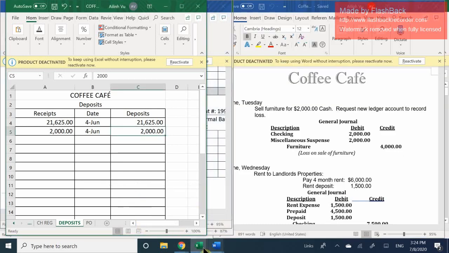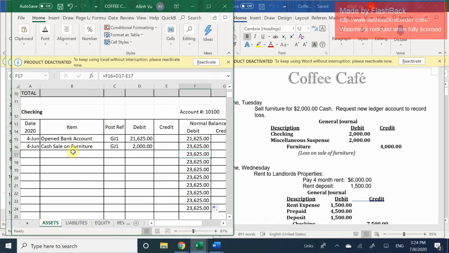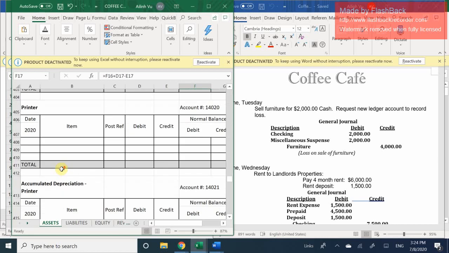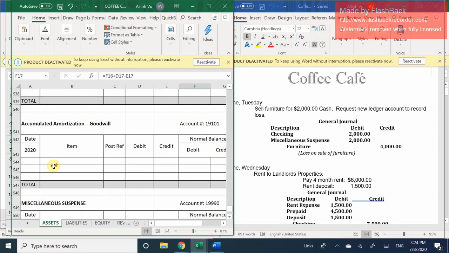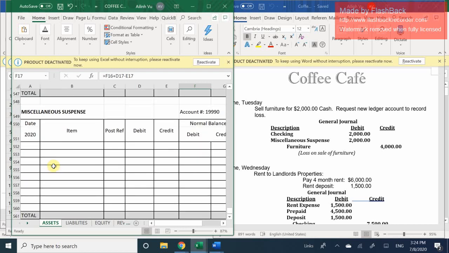So I'm going to go back to my ledger account here, and scroll all the way down since this is my Excel sheet. Here, miscellaneous expense, I'm going to indicate right here on June 4th. Now, this is on our ledger, yes.